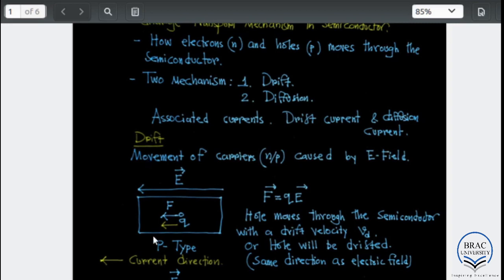So for example, let's say we take a p-type material. Inside the p-type material there is a hole, which is indicated by this circle, and let's say the hole has a charge q, and there is an electric field directed from right to left, which is E. So under the influence of this electric field, the hole, being a positive charge, will experience some force, and we can determine the force by using this equation: F is equal to qE.